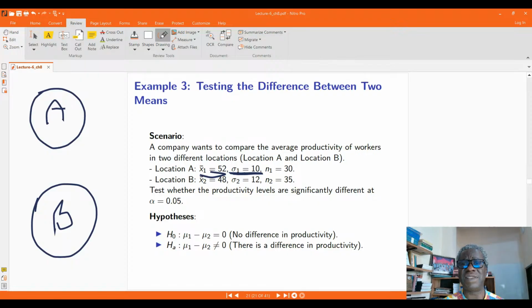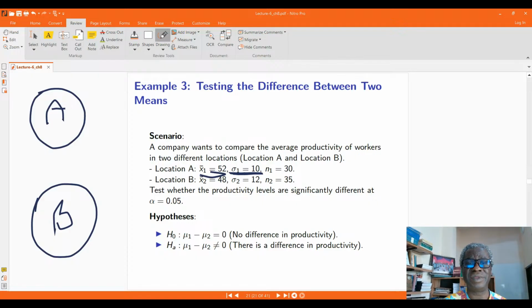the sample drawn is 35, and the mean productivity for location B is 48, and the population standard deviation is 12. So the company wants to test whether productivity levels are significantly different at an alpha level of 0.05.